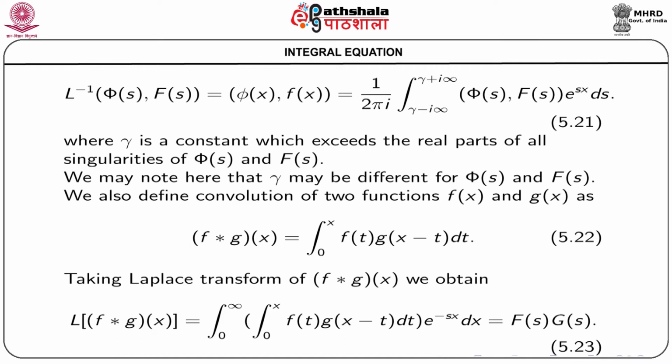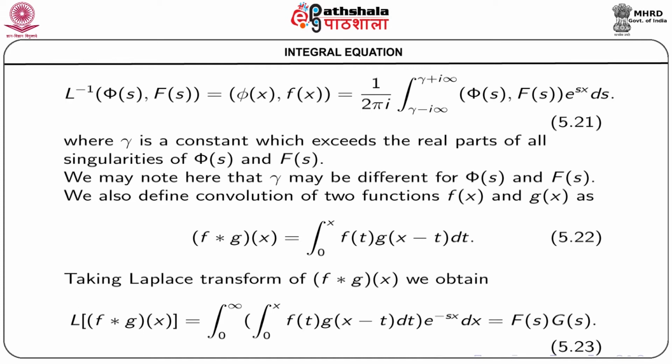Similarly, fx can be obtained by the inverse formula 1 by 2 pi I integral gamma minus I infinity to gamma plus I infinity fs e to the power sx ds. Here I is the imaginary unit and gamma is a constant which is greater than the real parts of all singularities of capital phi s and capital Fs.